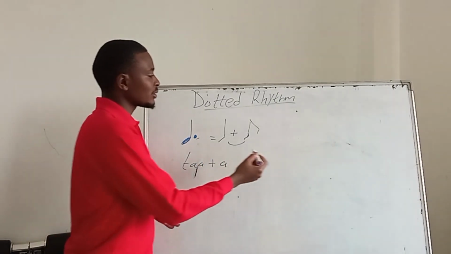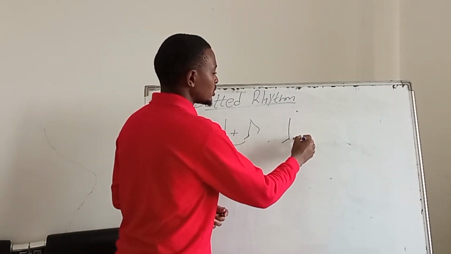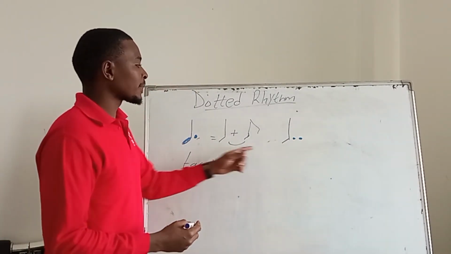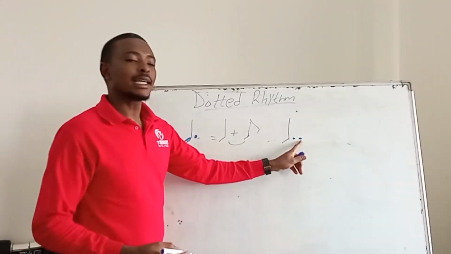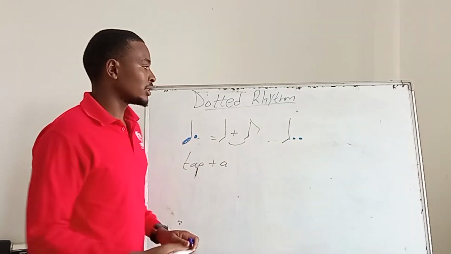Then sometimes you get to have a crochet with two dots. Here we say that the second dot is half the value of the first dot.